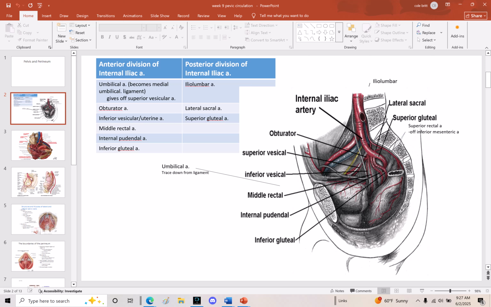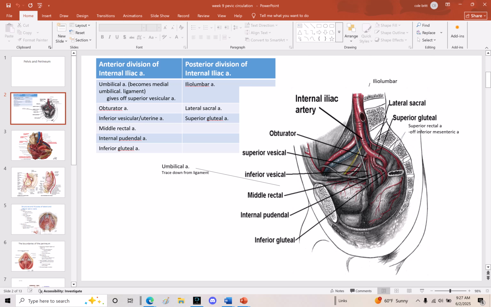The internal pudendal artery supplies the perineum, supplies the inferior portion of the rectum, and supplies the genitalia. It goes up between the perineum and makes its way through there, and eventually supplies the genitalia. We'll talk about that in a few minutes.